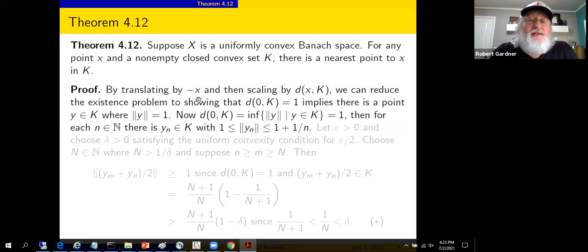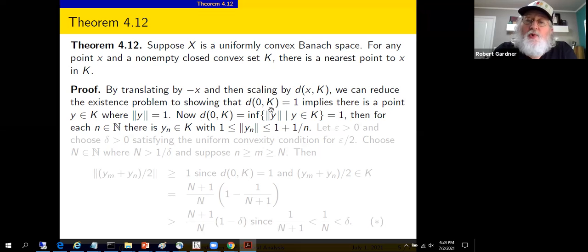So translate everything by negative x first, and scale all the vectors by the distance between x and K, the original point x and the original set K. And we can, as they say, reduce the existence problem to showing that when the distance between 0 and K equals 1, and K preserves these other properties, it's closed and convex, for example, this implies there is a point y in K closest to 0.